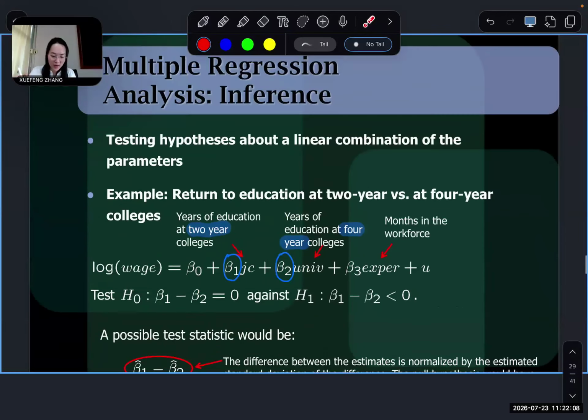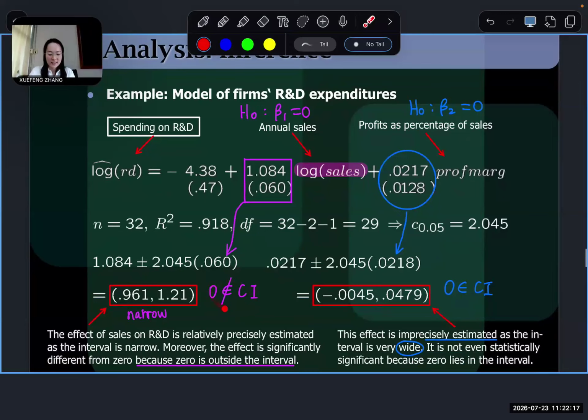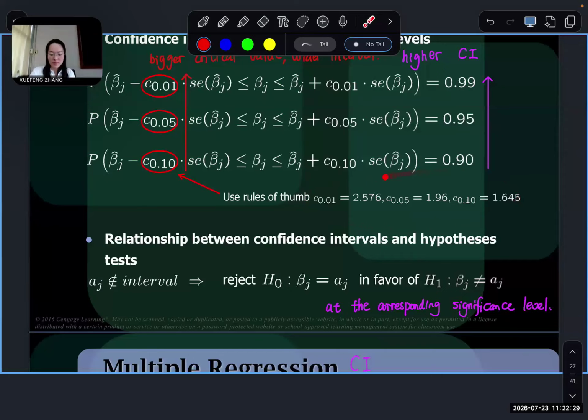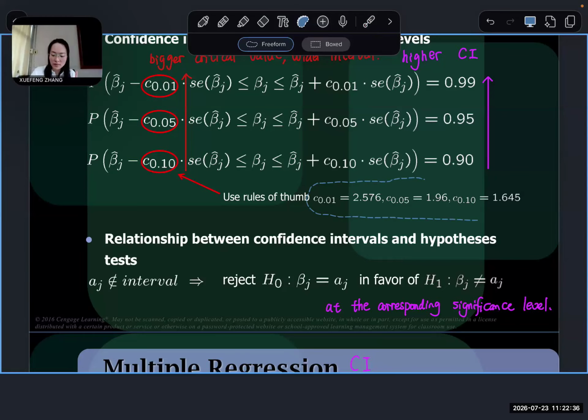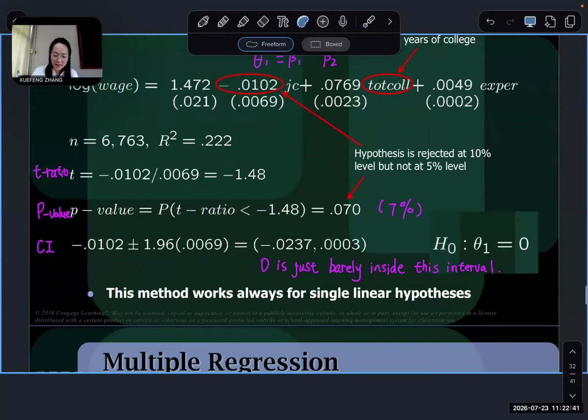What does it mean? So basically 0 is inside this interval. What does it mean? At which significance level? Okay, let me go back here. 5%, right? Because for the confidence interval, they use the 5%, which is 1.96.